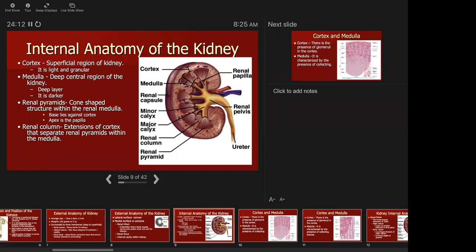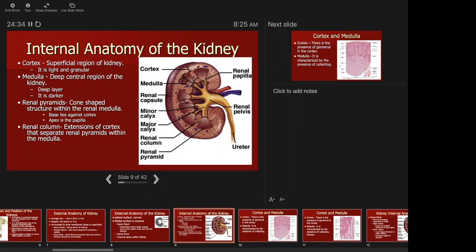Now looking at the parenchyma, the tissue of the kidney, you see that it's divided into lighter areas, peripheral and also going inside. And then there are darker structures, dark brownish, that look like cones. They look pyramidal.